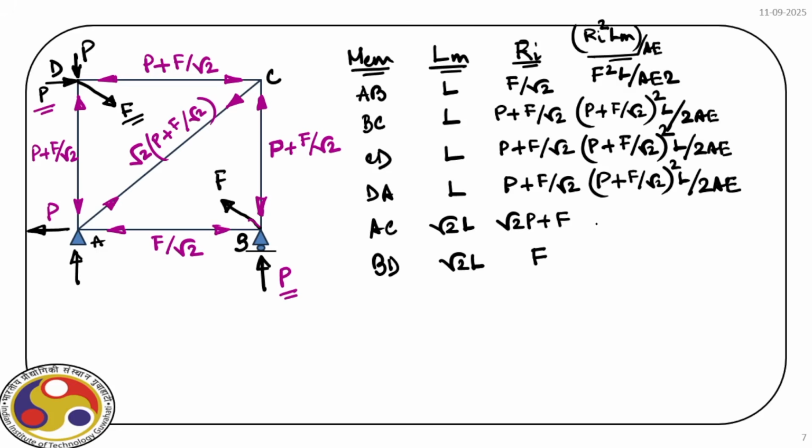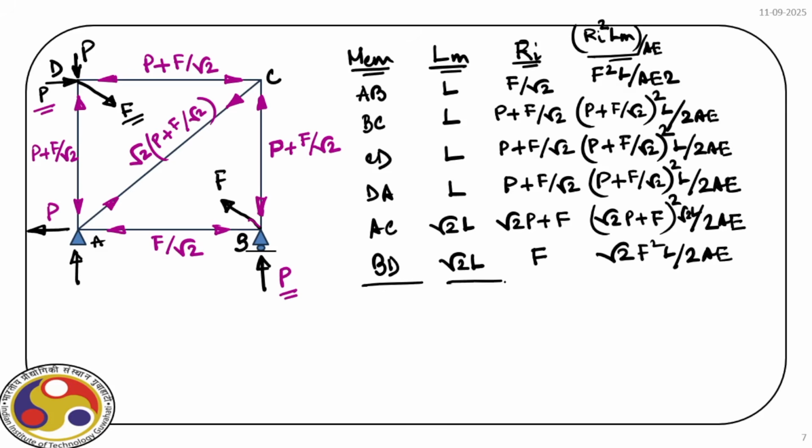Member AC, the force is root 2 P plus F whole square times L divided by twice AE. And for the last member, we have root 2 F square L divided by twice AE. We'll have a root 2 here because the length for the member AC is root 2, so we'll have root 2 L.